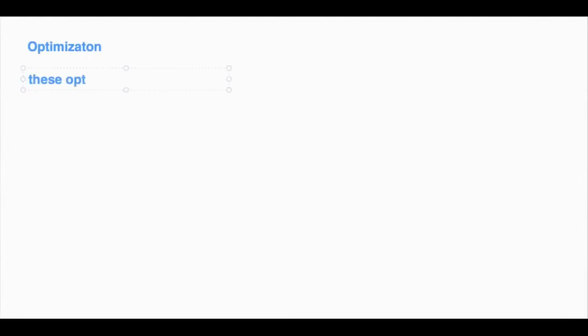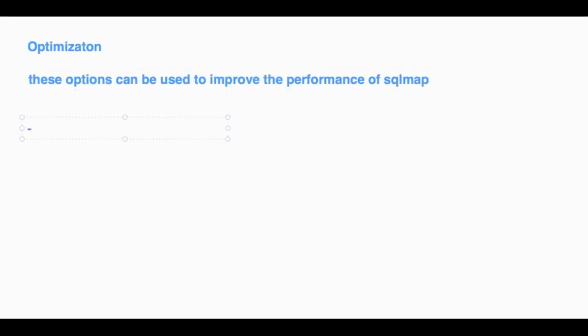So these options can be used to improve the performance of SQLMap. And the first option we have is hyphen keep hyphen alive.